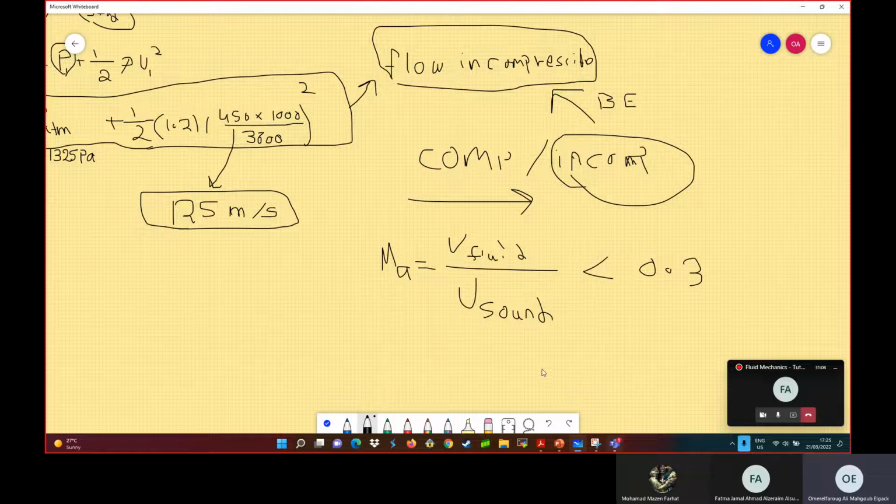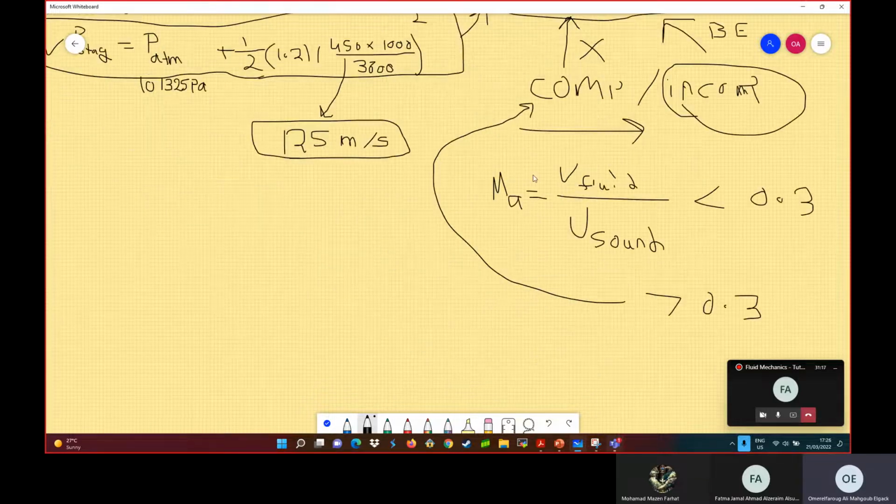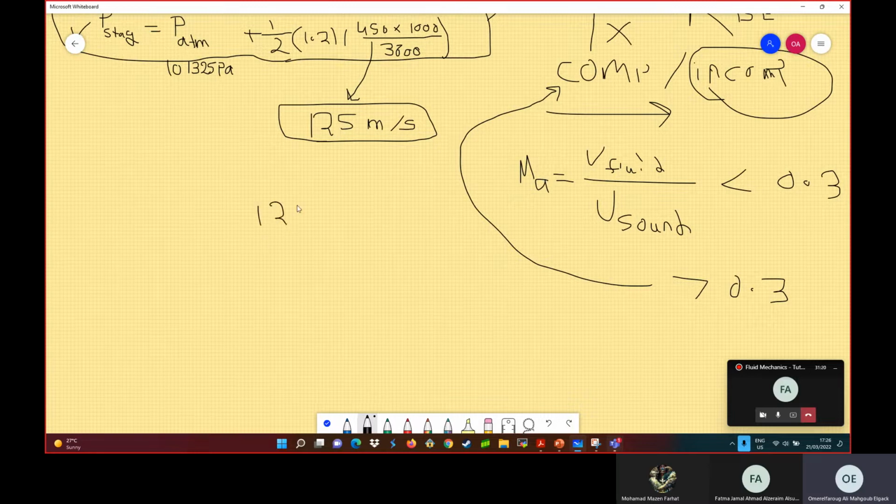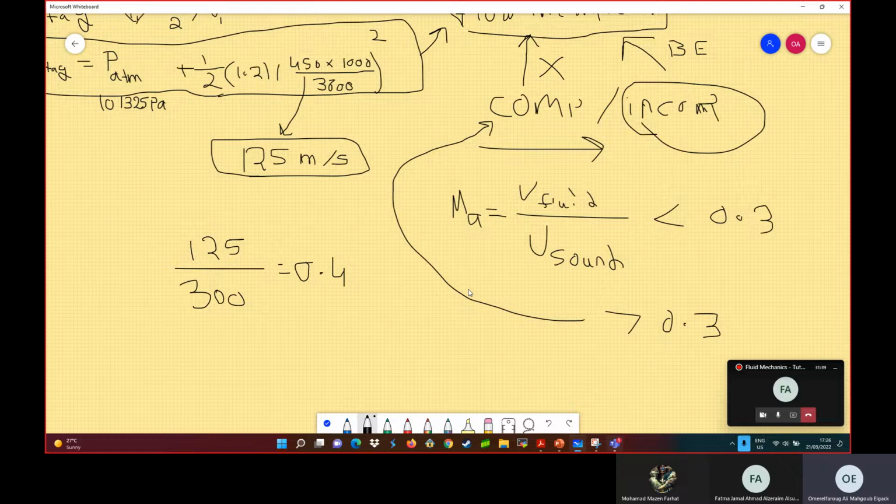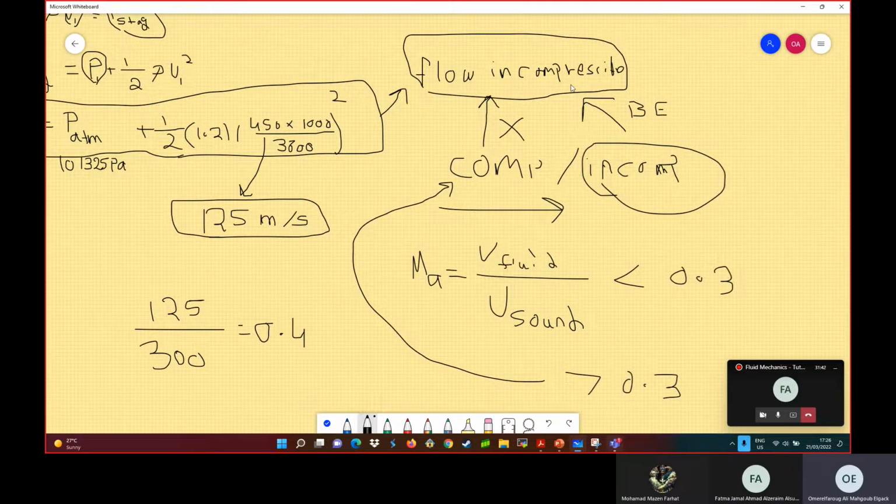But if the Mach number is greater than 0.3, the flow in that case will be compressible, and applying the Bernoulli equation is not justified. So here, if you calculate the Mach number, 125 divided by the velocity of sound, approximately 300, you get 0.4, which means the flow is compressible and we cannot apply the Bernoulli equation.